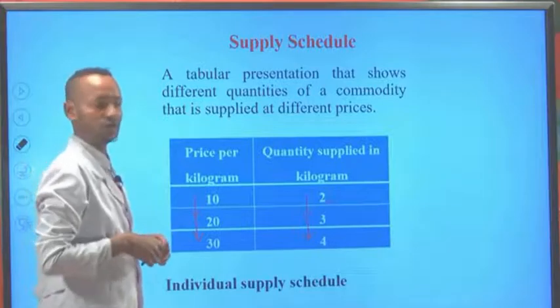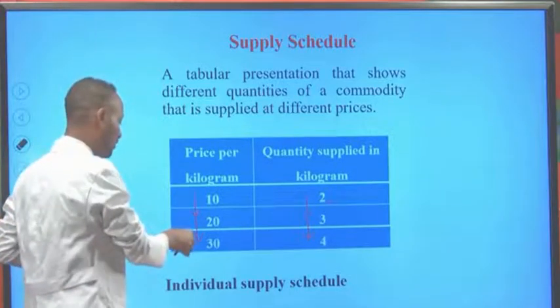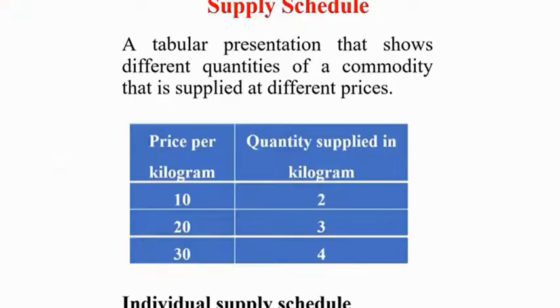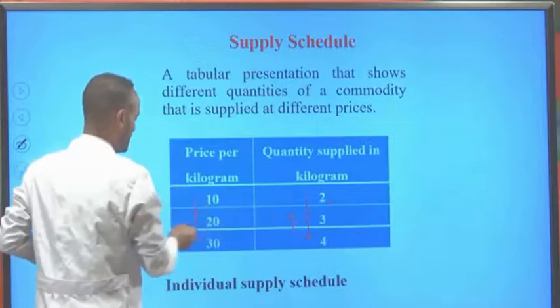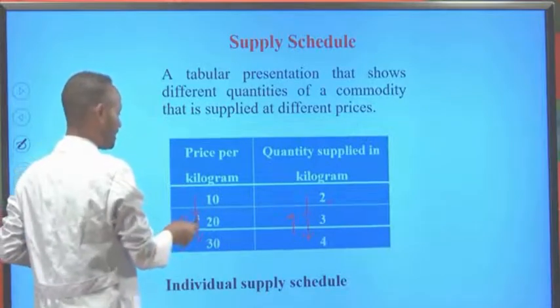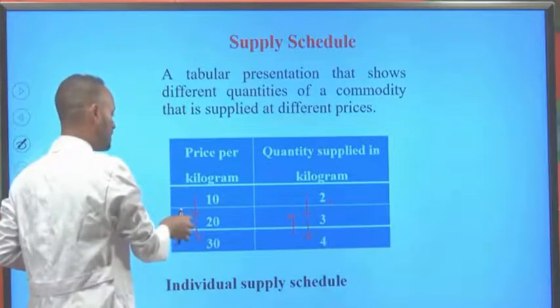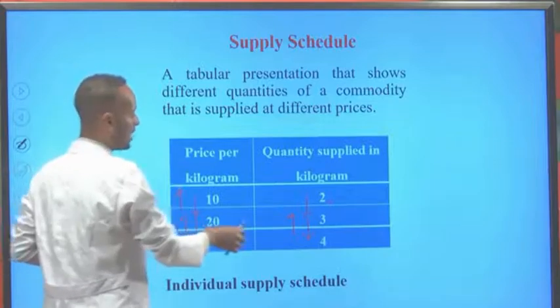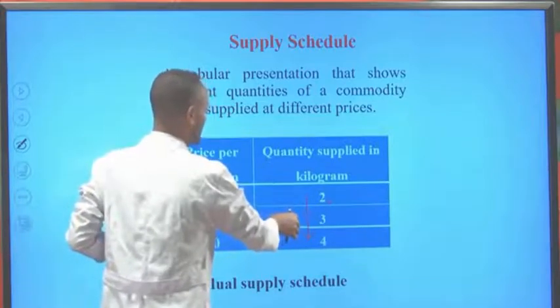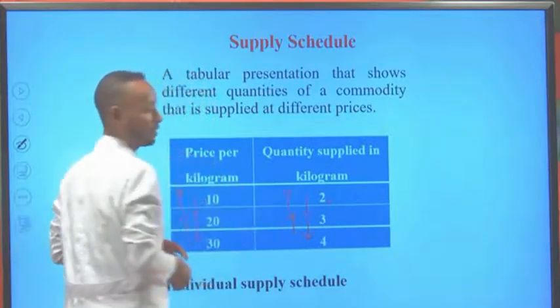And the opposite holds true. That means as price of a kilogram of orange decreases, then the quantity supplied for orange will decline. And as price of a kilogram of orange decreases from 20 to 10, then the quantity supplied for orange declines from 3 kilograms to 2 kilograms.